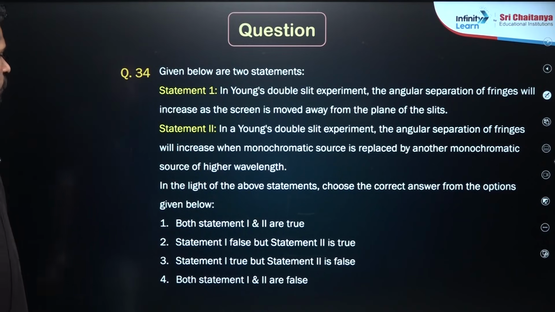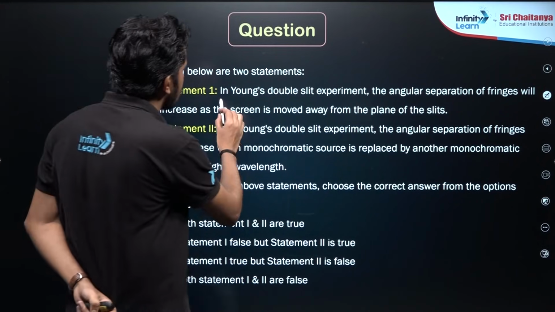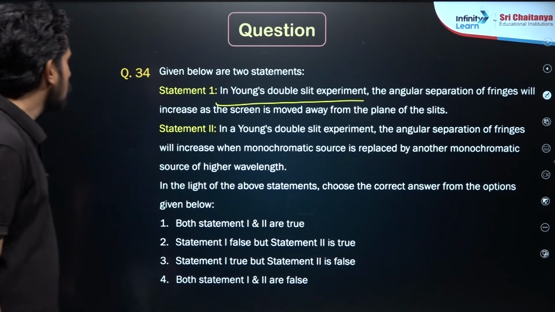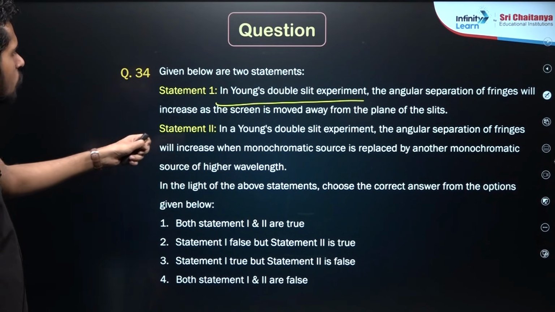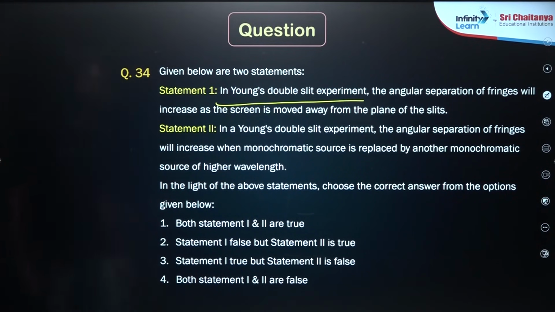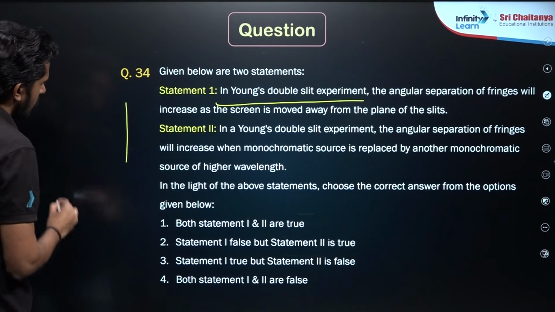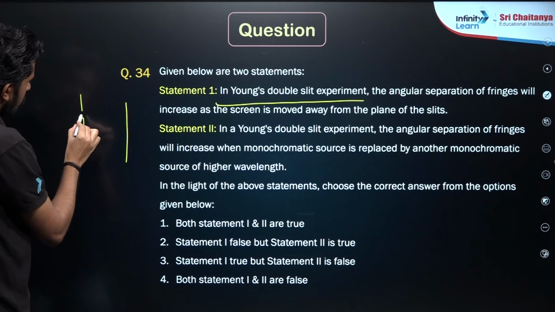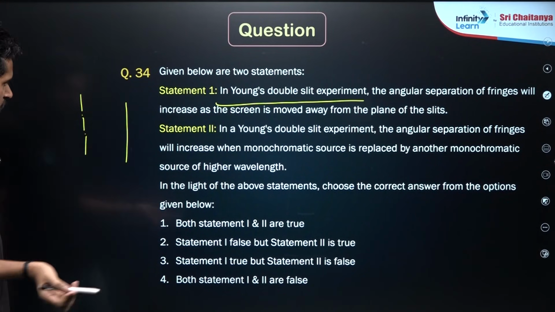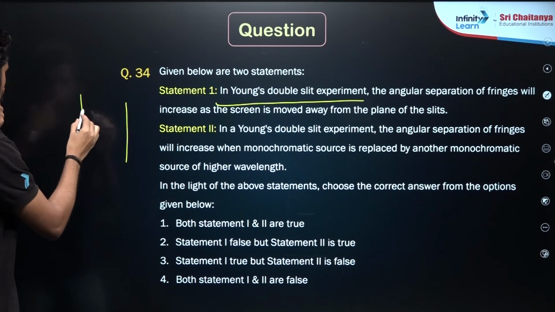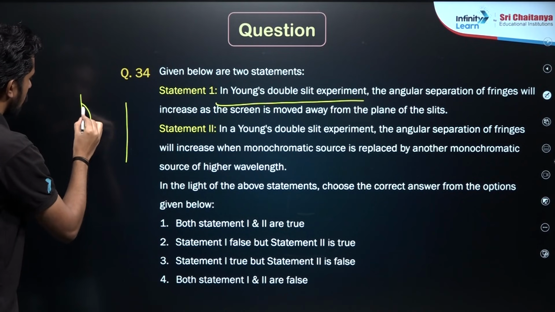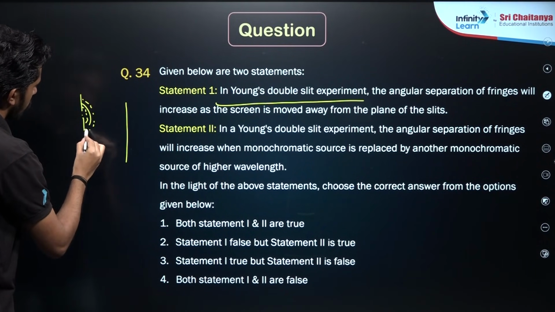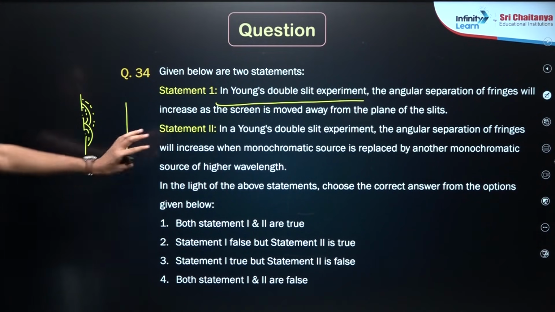Given below are two statements. In Young's double slit experiment, the angular separation of fringes will increase as the screen is moved away from the plane. So this is a screen. So what is it saying? These are coherent light sources, and you are aware that there we have wavefronts. Okay, so what's the question actually?